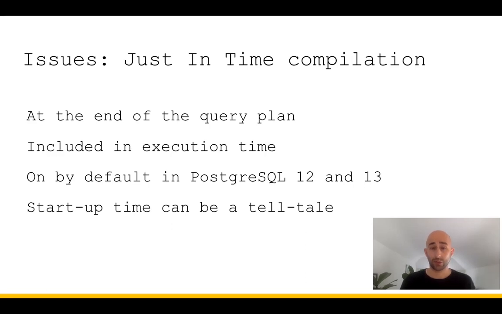Worth noting that this was introduced in version 10 of Postgres, but it was turned on by default from 12 onwards. So if you're doing an upgrade from before 12 to after 12, I would highly recommend just keeping an eye or checking whether you're gaining or losing as a result of just-in-time compilation being turned on by default.